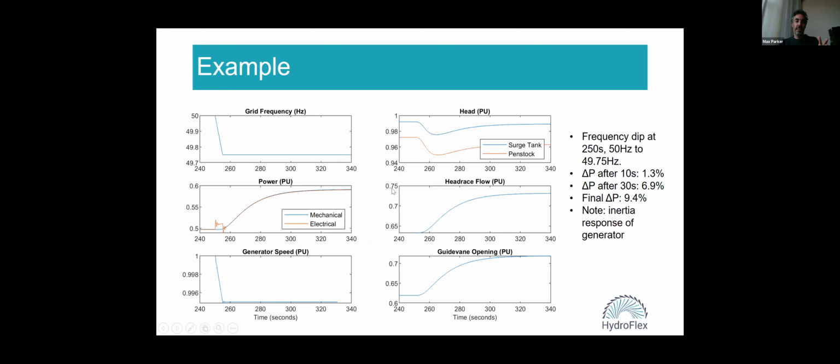So the example here is a frequency dip at a time of 250 seconds, from 50 Hertz down to 49.75 Hertz. One thing to note here is that the power increase is very slow. I think from 250 to 320, about 70 seconds, you're getting close to the final power.